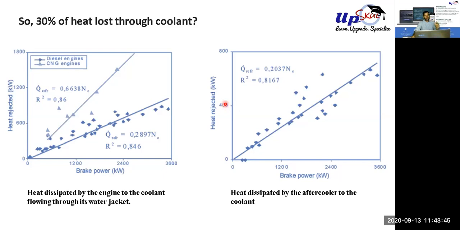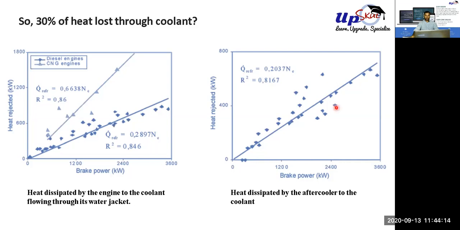But this is a slightly misleading curve because these are not always the same engines. If these same engines had turbochargers, their efficiency here would improve. Another thing is that with the turbocharger, sometimes we have a loss of fuel efficiency but a gain in power, so that's a trade-off.